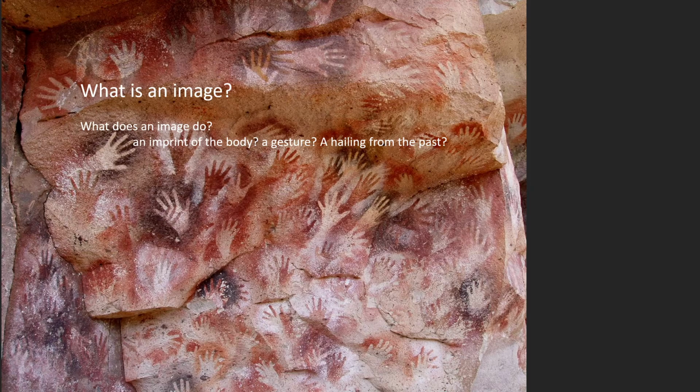When you have an image like this, with multiple people having this kind of imprint of their hands and arms on the wall 30,000 years ago, what does this signify? As one of my colleagues, Rebecca Schneider, has called this, is this some kind of a hailing from the past? This could be really interesting.